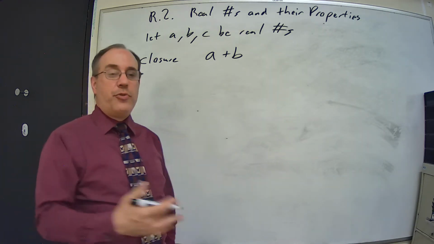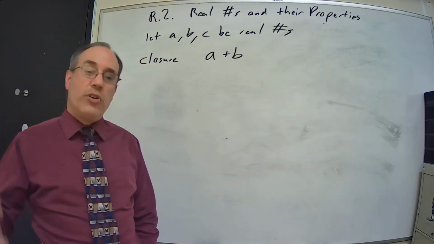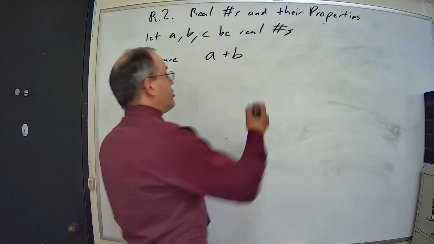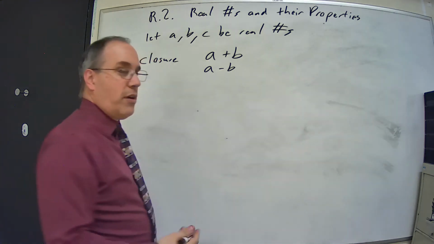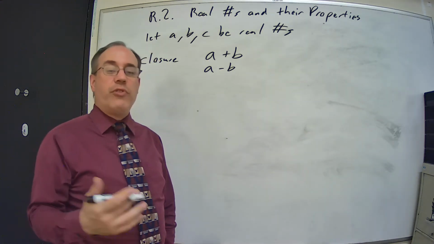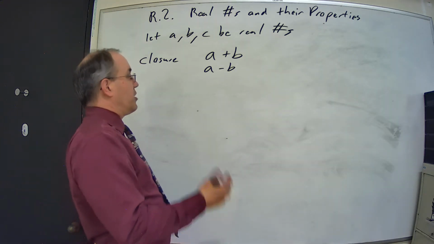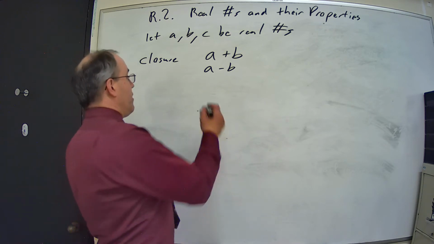If you add any two real numbers together, then you will get a real number as a result. Subtraction also has closure on the set of real numbers. Because when you subtract one real number from another real number, you get a real number.